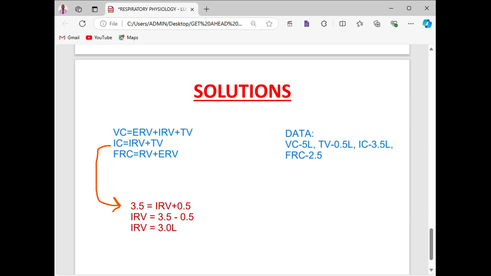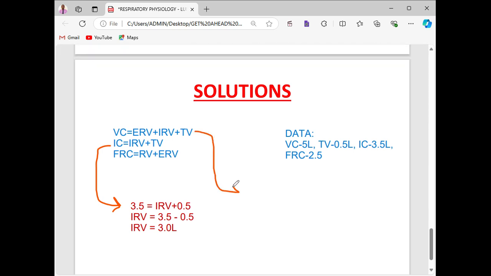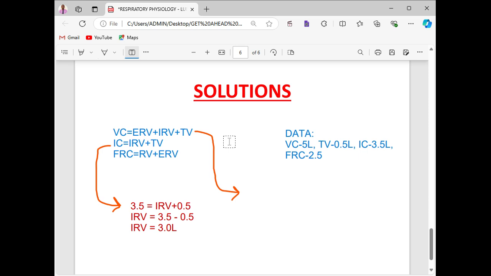Now we can find ERV by going back to this first formula and replacing the values.